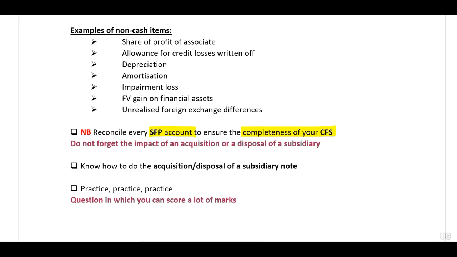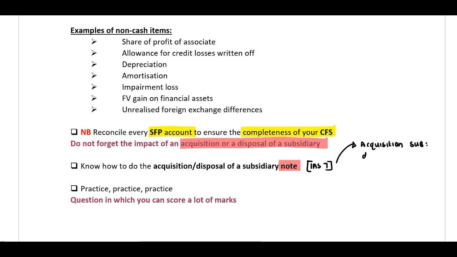Don't forget about the possibility of acquisition or disposal of subsidiaries and to include the note. Therefore, guys, please refer to your IAS 7. There are a few small paragraphs relating to these notes. The main thing, if there is an acquisition, you need to indicate acquisition of the subsidiary.